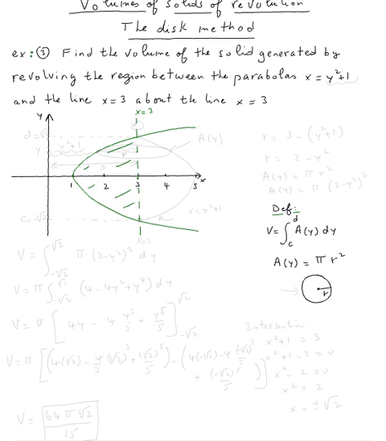Now if we take an arbitrary x and cut through here, from here to here, we get a cross-section. First of all, we're rotating around x equal 3 this way. In other words, the solid would look like it's going from 1 to 5.